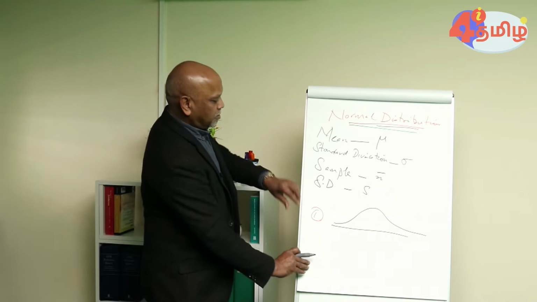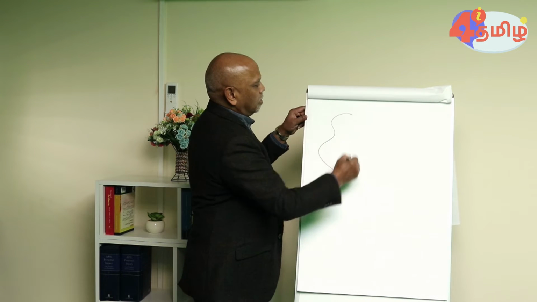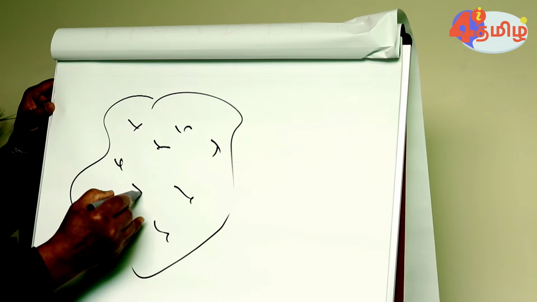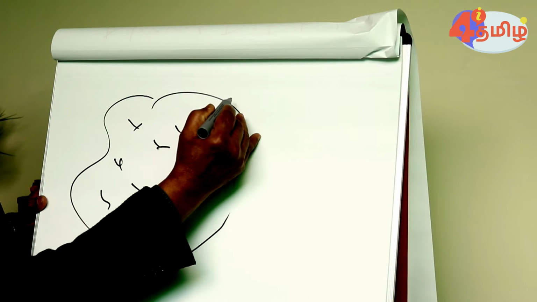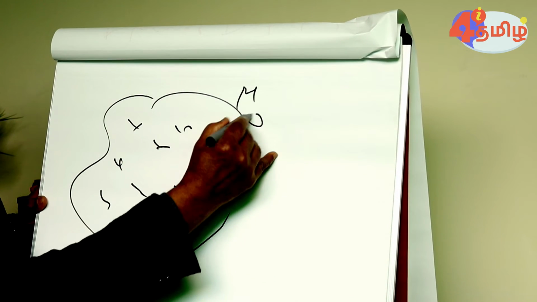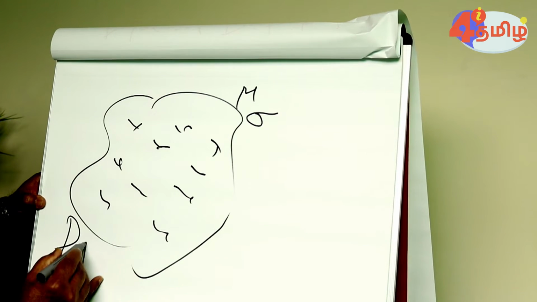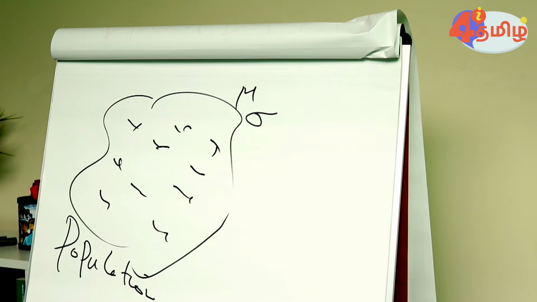So for example, this is the population, the entire number of people, whatever, the whole entire. If you find the mean, mu, and as I said, the standard deviation for the population. This is the population. But if you actually collect the data from the population, the graph may not be as good as what we want.